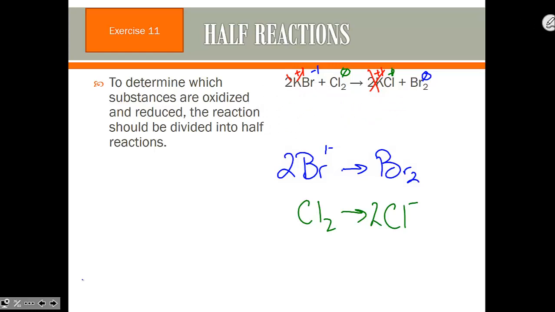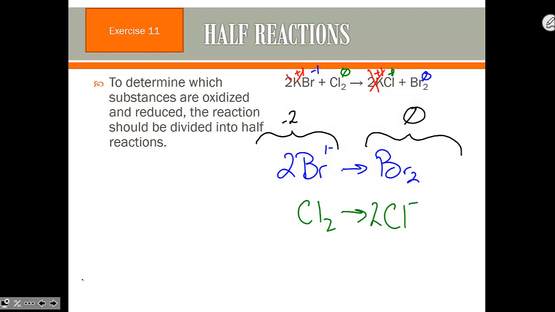So removing the spectator ion, let's move on to bromine. Bromide becoming bromine, the only way that could happen is if it gained or lost electrons. In order to determine if it gained or lost electrons, we have to balance the reaction, which is already balanced by mass, but we have to balance it by charge. Looking at the reactants, 2 times a -1 means our reactants have a -2 charge, but our products have no charge.